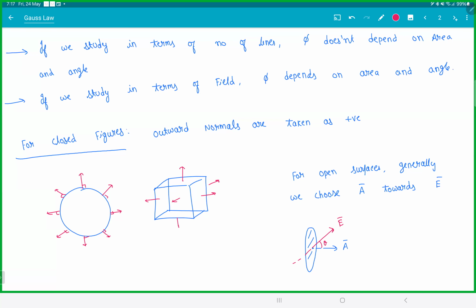You could have chosen anything. So straightforward. So what is flux? E dot dA. If E is variable, we have to integrate. If E is constant, then it is fine. Clear, everyone?